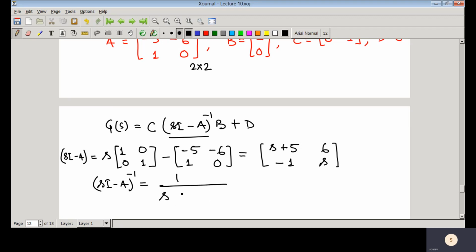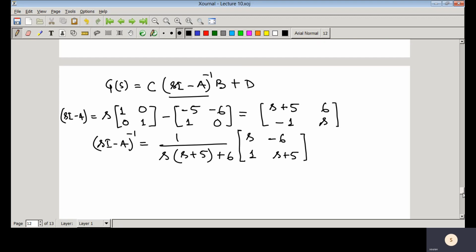So determinant is s into s plus 5 plus 6, and the adjoint of that matrix is s, s plus 5, then minus plus. If you forget the inverse of a matrix, I suggest you see some linear algebra book. This is the inverse of that matrix, just changing by sign as it is a 2 cross 2 matrix.